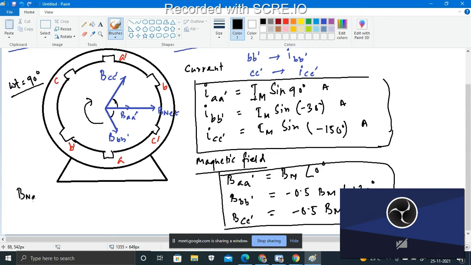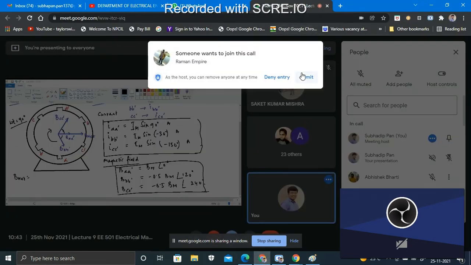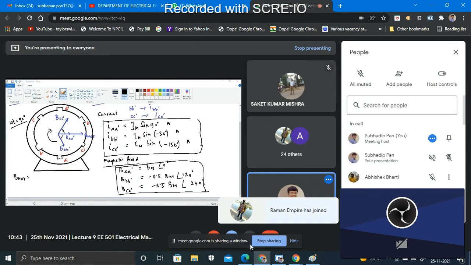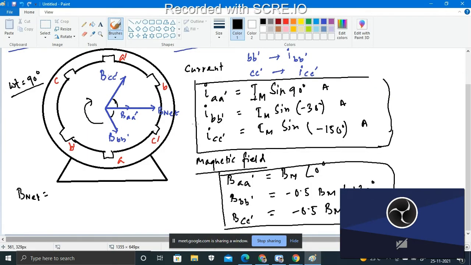So B net is equal to B of A dash plus B of B dash plus B of C dash.